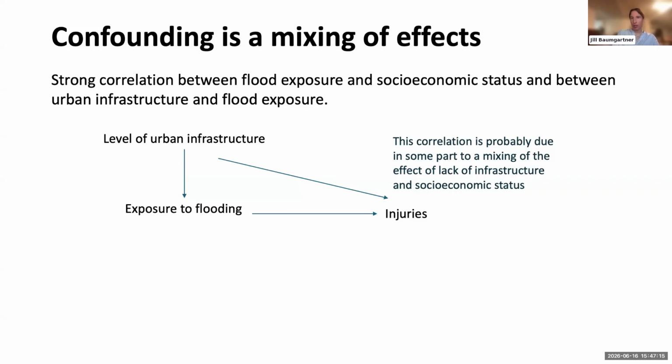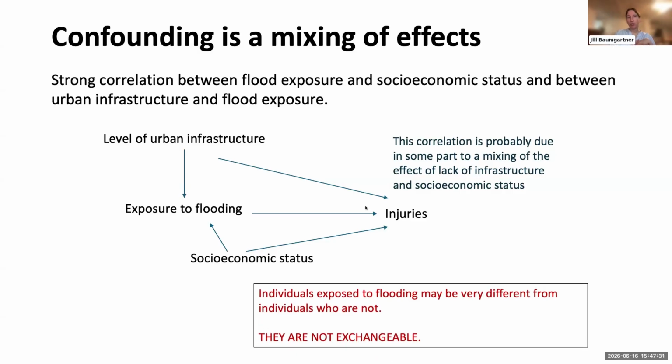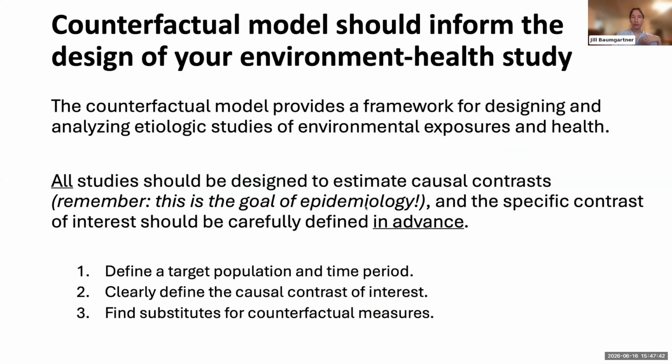So any correlation that we observed is probably due in some part to the effect of lack of infrastructure, or maybe something like socioeconomic status, not just the exposure to flooding. So individuals who are exposed to flooding are different from individuals who are not in this example, and so they're not exchangeable. And that's the underlying fundamental assumption of this.